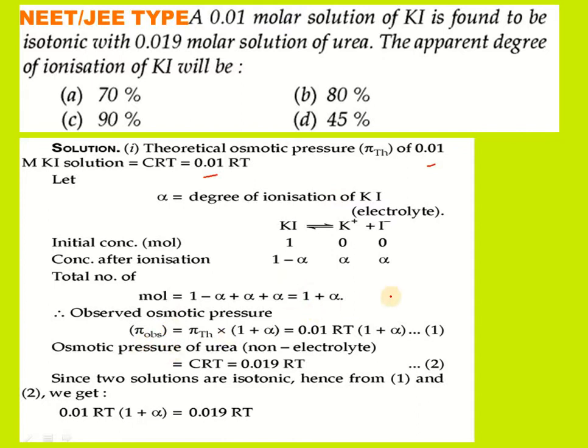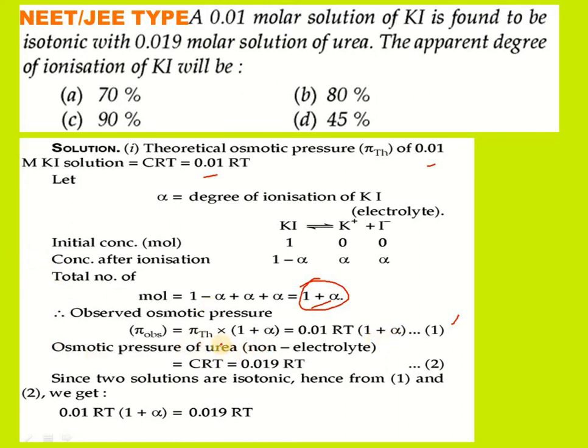For potassium iodide, the total number of moles is given as 1 plus alpha, because two particles are coming. So observed osmotic pressure is equal to theoretical osmotic pressure into 1 plus alpha, the number of particles. Assuming this is the first equation, we substitute that in the CRT formula. So the C value we got is 0.01 into R into T, into 1 plus alpha.